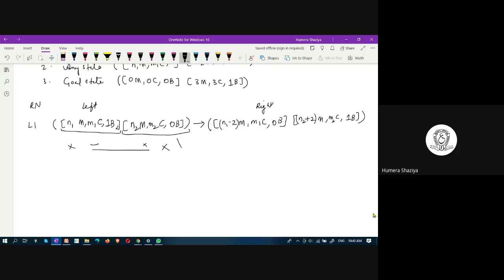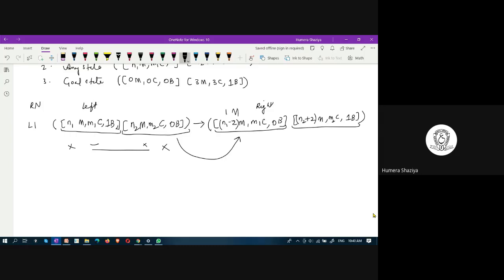From the present state, you are going to the next state. What is this next state? Again you have the left side of the bank and the right side of the bank. In left side, what are you doing? You are taking 2 missionaries, N1 minus 2. N1 minus 2 means, suppose there are 3 missionaries, then 3 minus 2, now only one missionary will be left here.